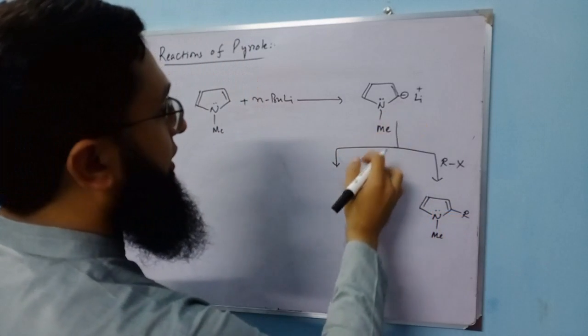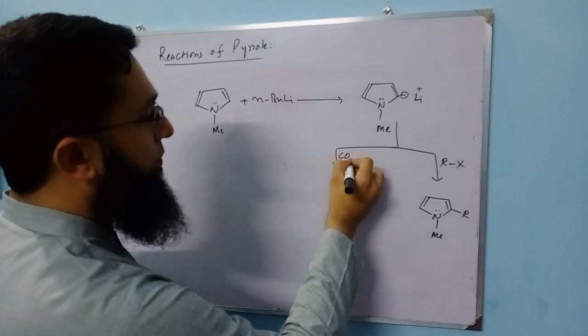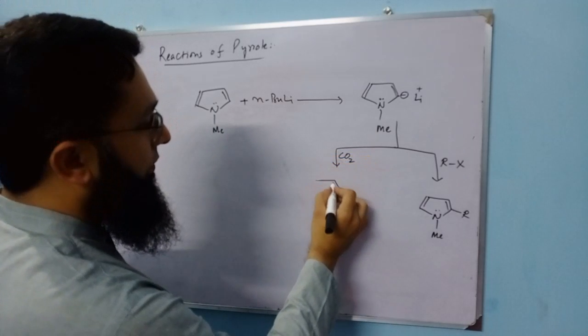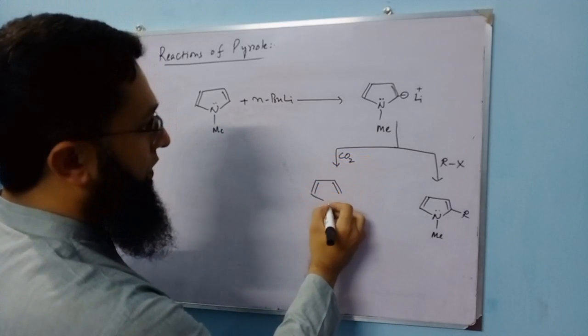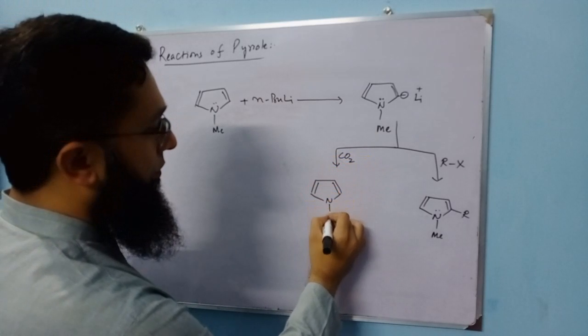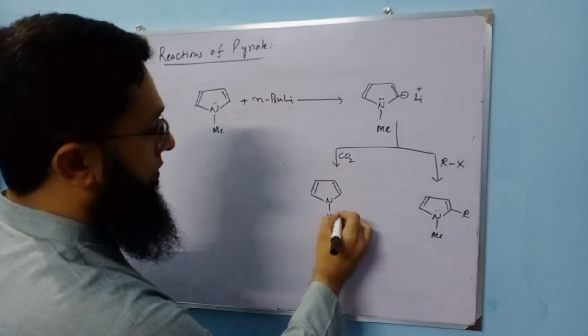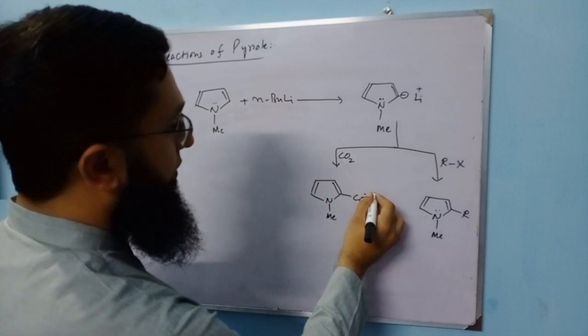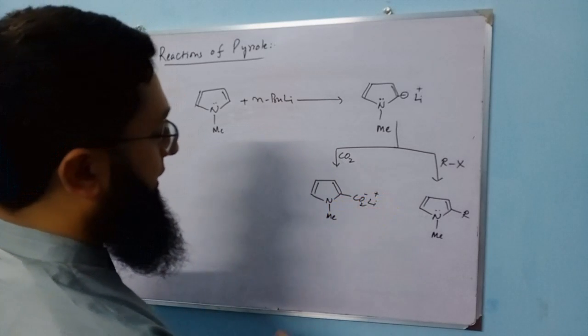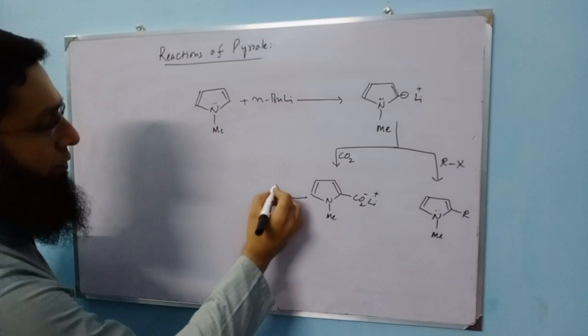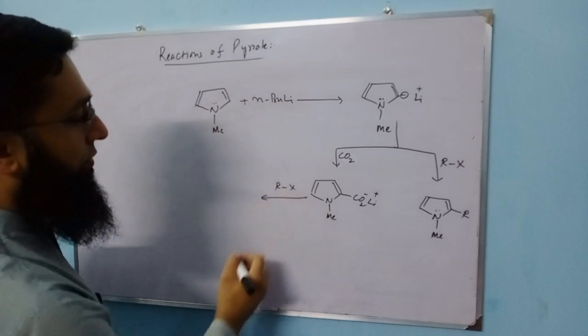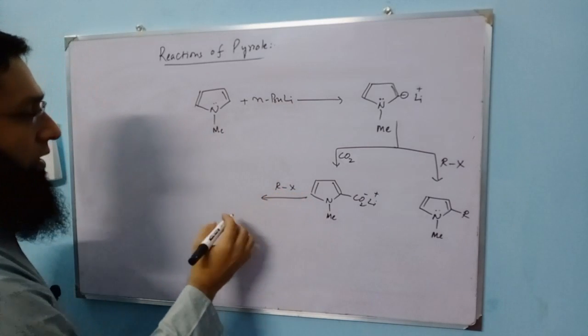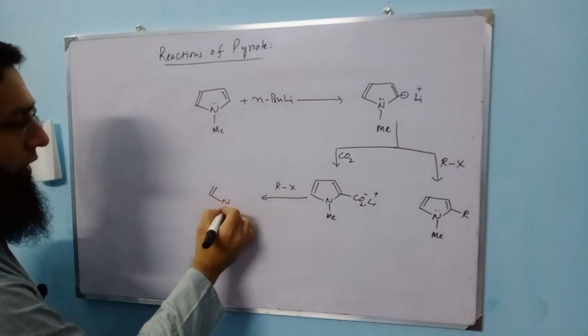And if we react it with an electrophile, for example carbon dioxide, we get the carboxylates, and they can further be used to react with alkyl halides to give the corresponding esters.